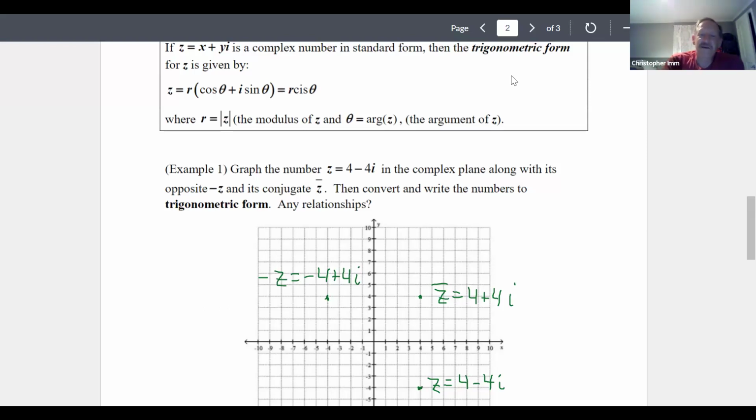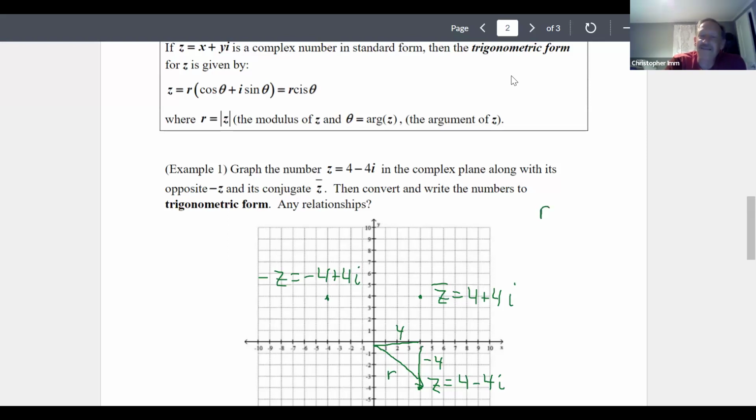What I'm going to do is make a triangle here. So I'm going to go over 4 and down 4. This will be really familiar. And I can actually draw something that looks like a vector to the point there. So I know that this triangle is going to have 4 and negative 4 for the sides. So my modulus is going to be that r there.